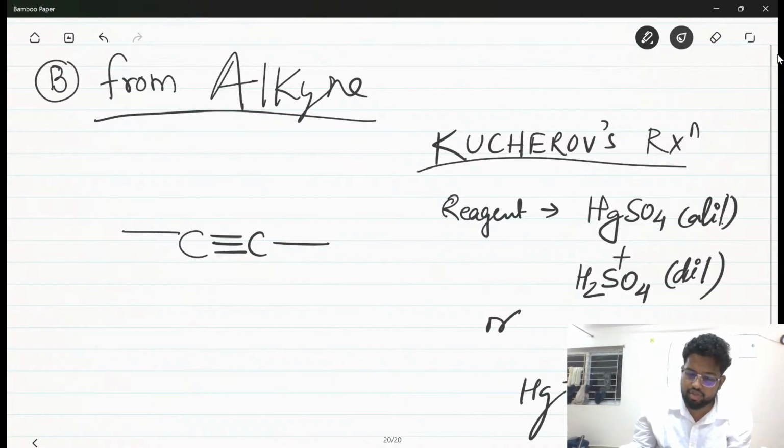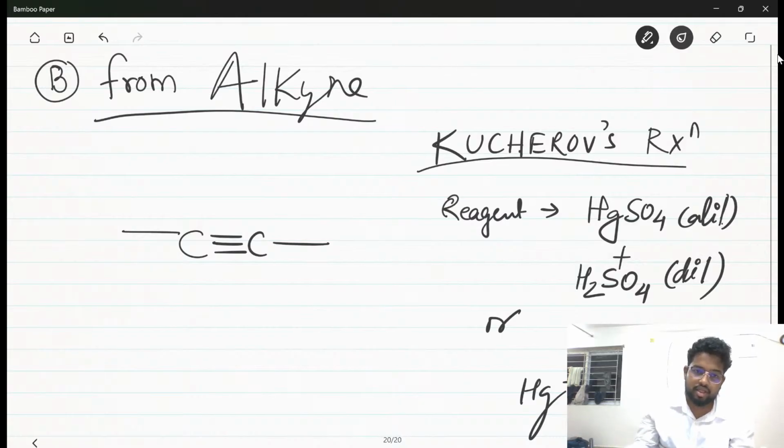Hg2+ in presence of H+ and H2O. Now what is the specialty of the Kucherov reaction? First it will undergo Markovnikov addition of water, followed by keto-enol tautomerism. So let's see what happens on terminal alkynes and then on non-terminal alkynes.